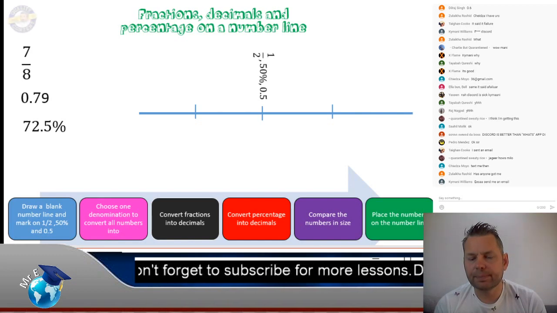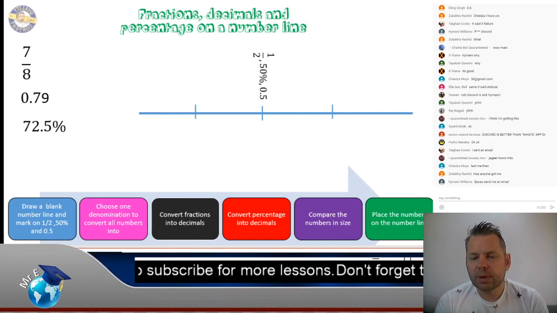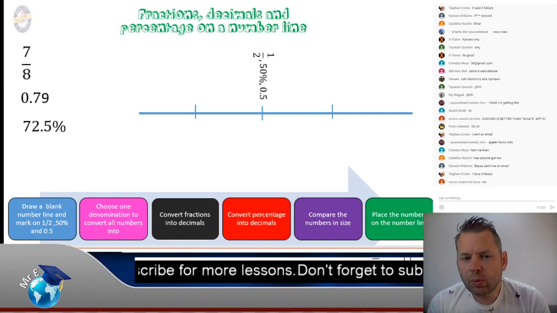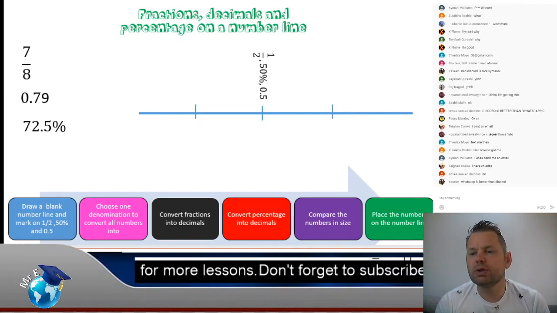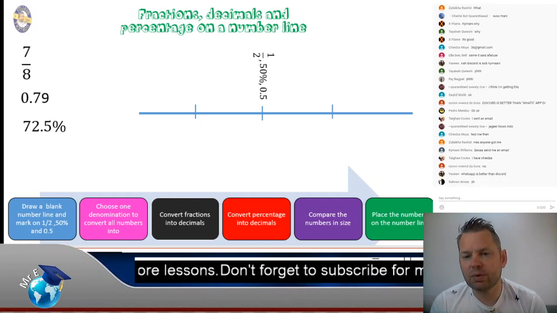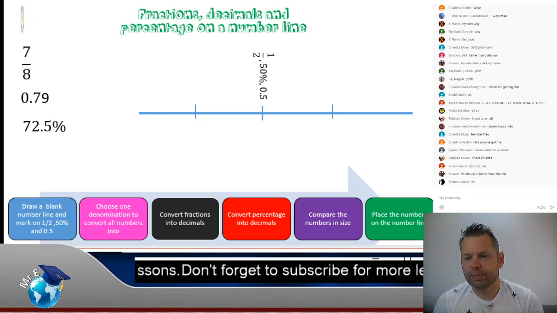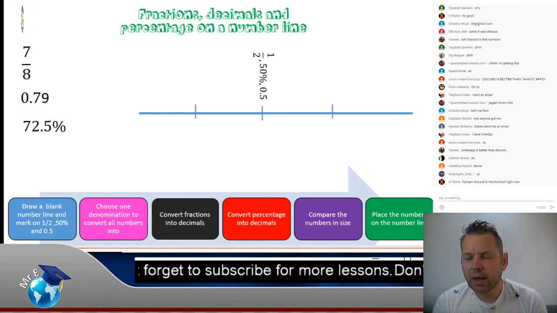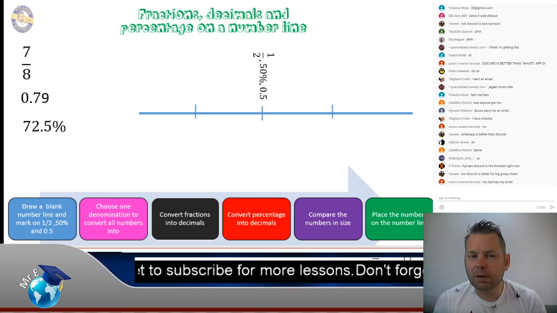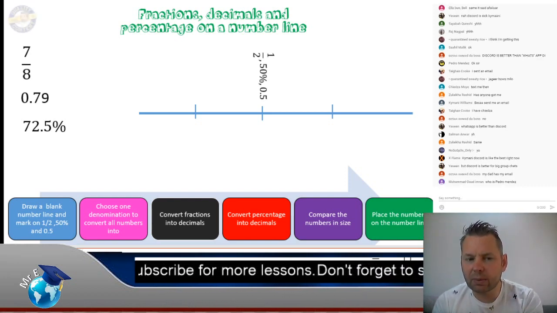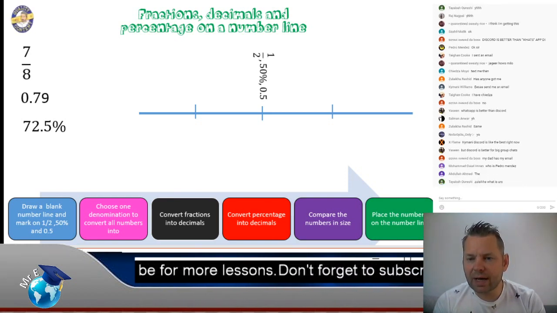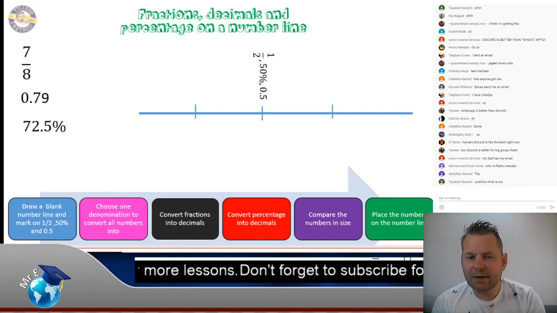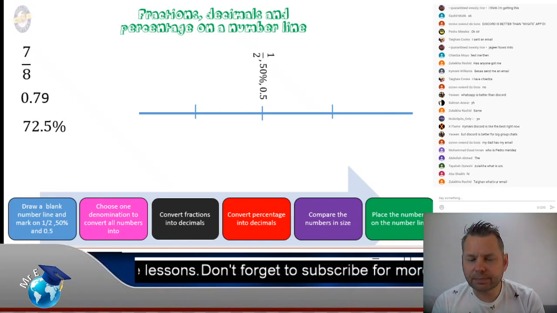Okay. Ideally, what you want to do is choose one denomination that you're going to use. So in this case, I'm using decimals. I could use fractions and I could use percentages, but I'm going to use decimals, which means actually all I need to do is mark on my decimal equivalents on my number line. So 0.25, 0.5, and 0.75. Okay.